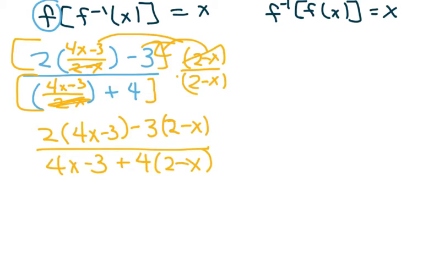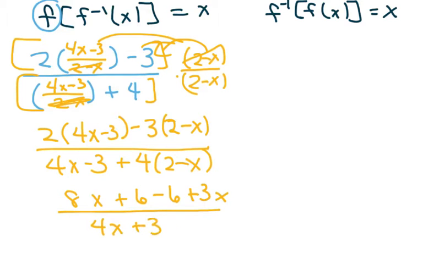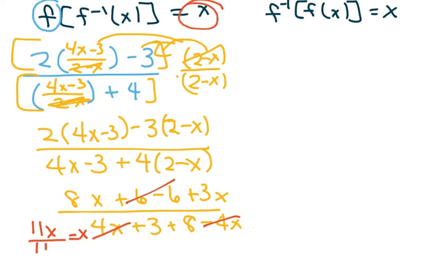You clean this up, you're going to get 8x plus 6 minus 6 plus 3x over 4x plus 3 plus 8 minus 4x. This cancels, so we get 11x over 11, which equals x, which is what we wanted.